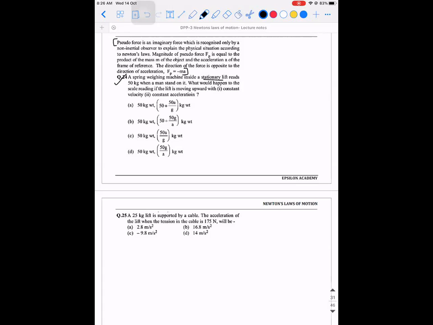When it is moving with a constant acceleration, okay, look at the options and tell. So when it is moving upward with a constant acceleration, it is mg plus ma naught. Mg is 50 plus 50 by g into a naught. Answer will be A.